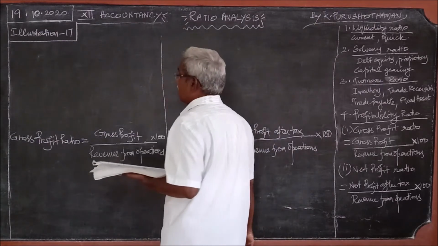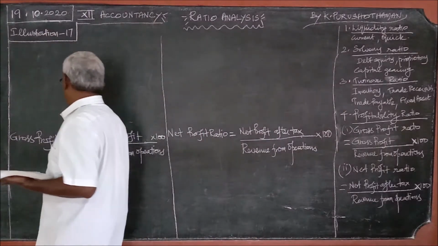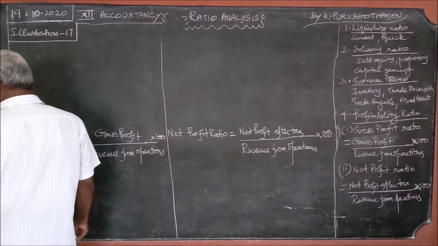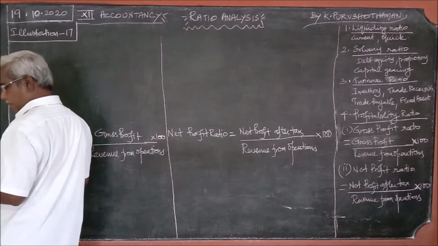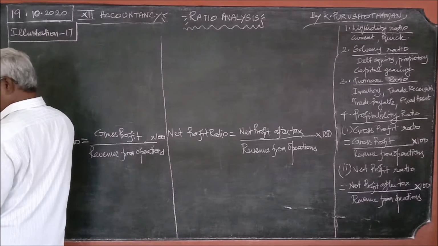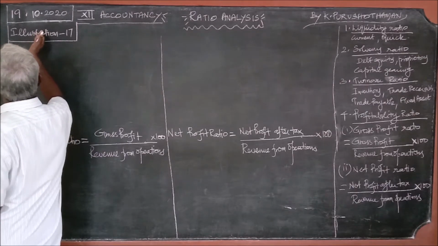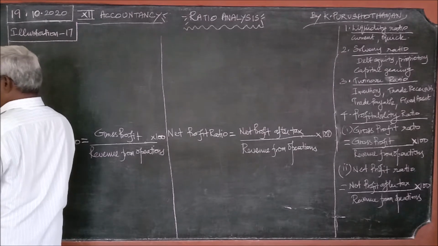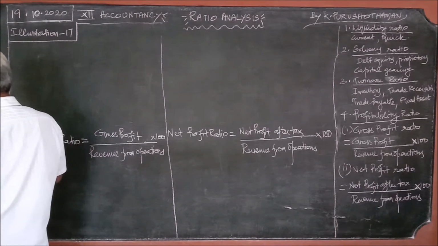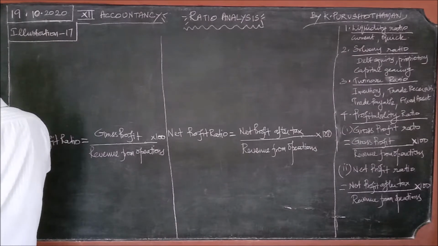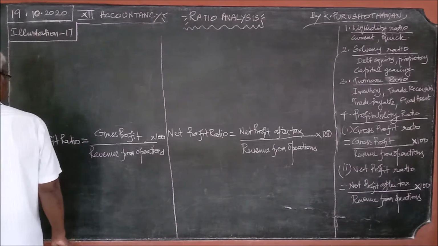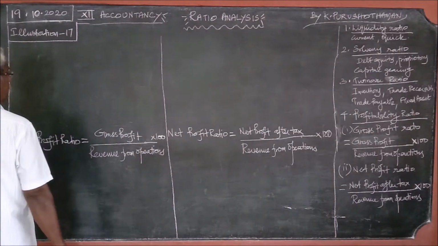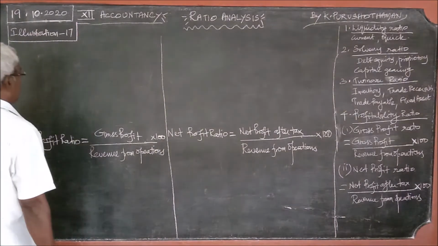Right now. What is the gross profit ratio? Gross profit by revenue from operations. How to find the gross profit for the given problem? Gross profit must be found out from the revenue from operations minus cost of revenue from operations. Very simple.